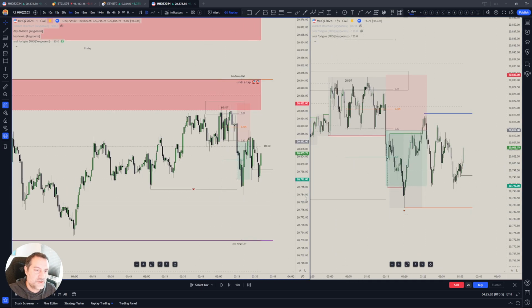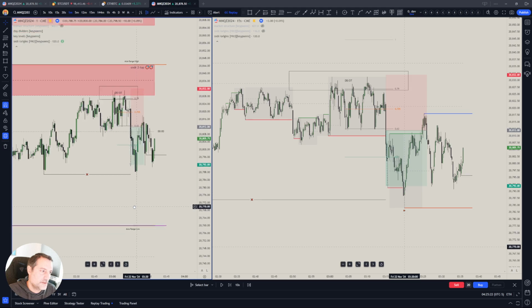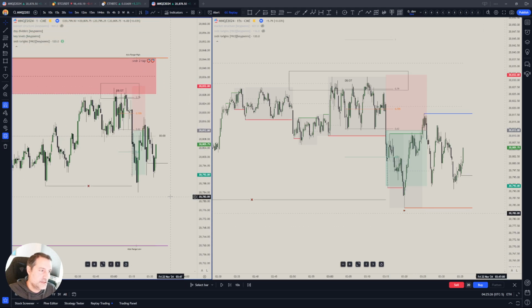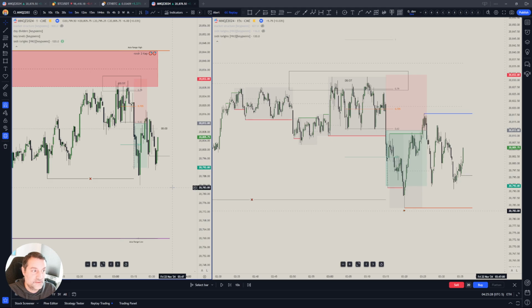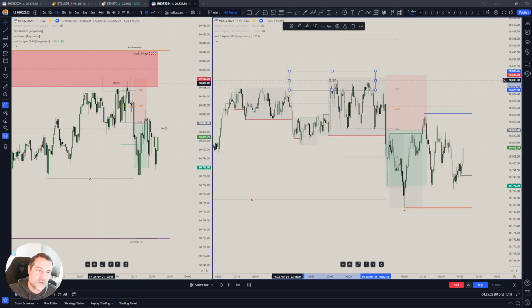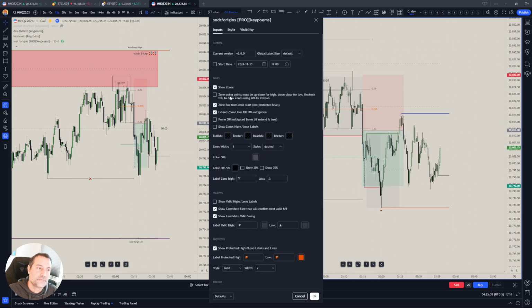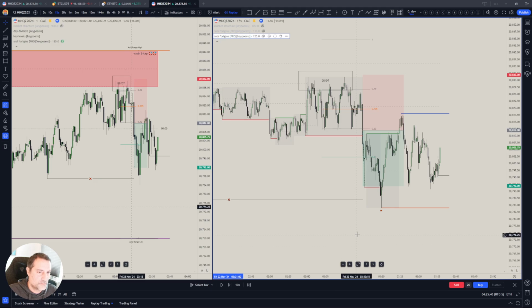Okay. The same thing that we saw, market structure in the 1 minute. As we keep all the narrative that we've been building in the 1 minute, we can refine stuff in 15 seconds. So as you can see, there's some market structure happening here. Let me do it like this.